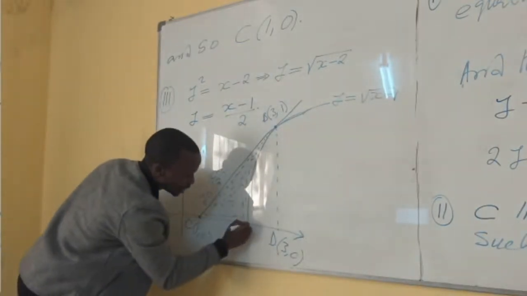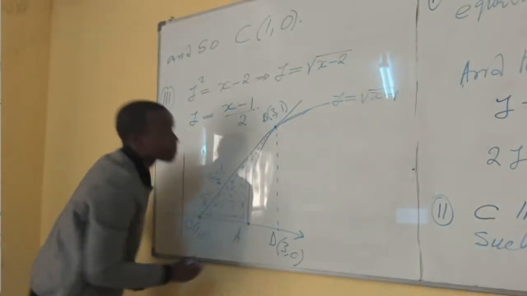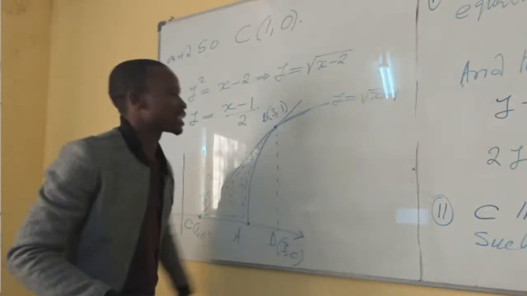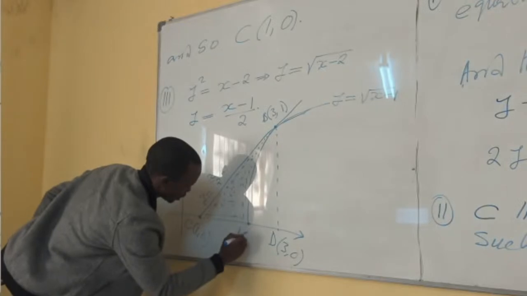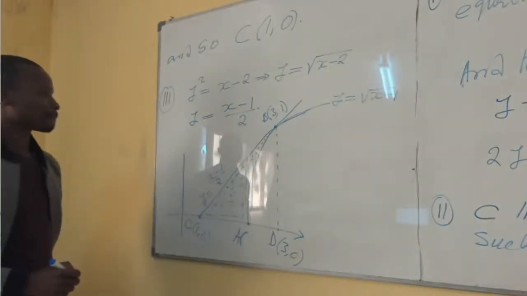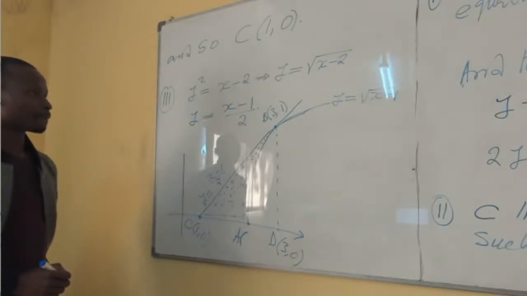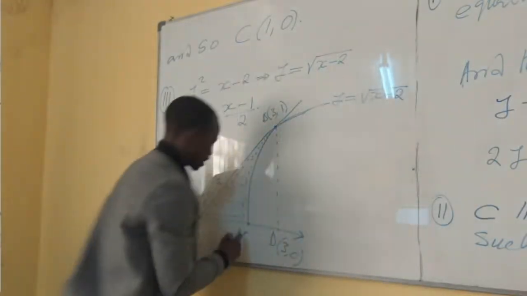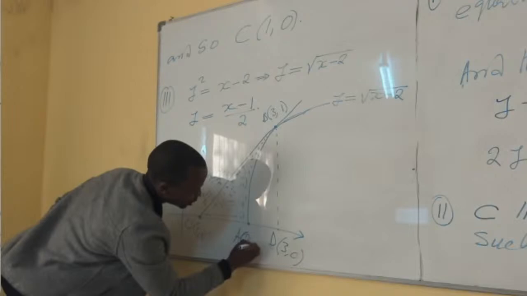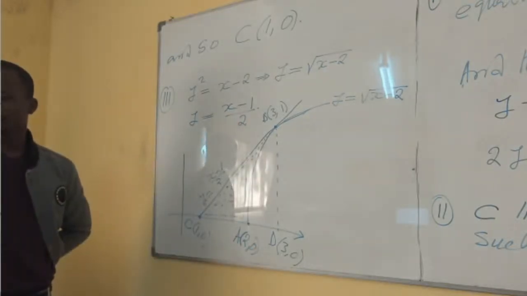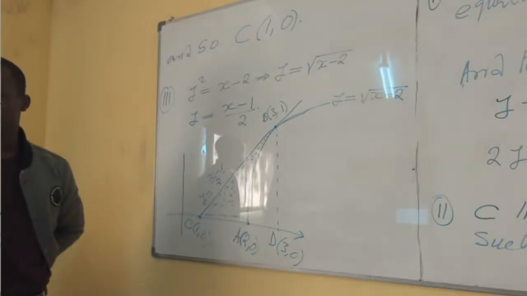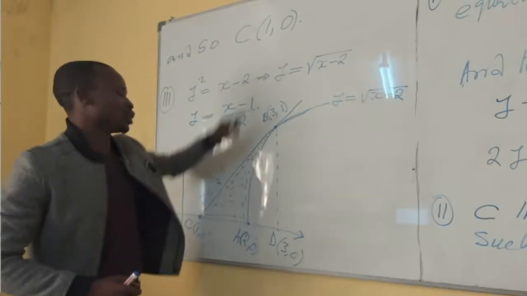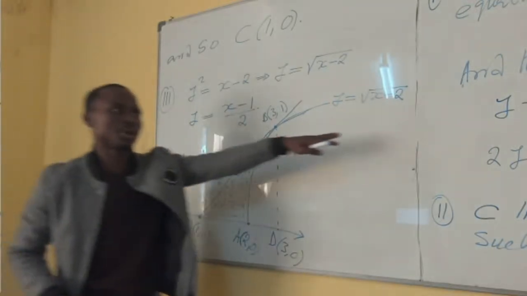This is point A. So when you equate the square root of x minus 2 equal to 0, you discover that x is going to be 2. So this point will be 2, comma 0. This equation is in the question: y squared is equal to x minus 2, which gives us this curve. Then this straight line was found after we computed.